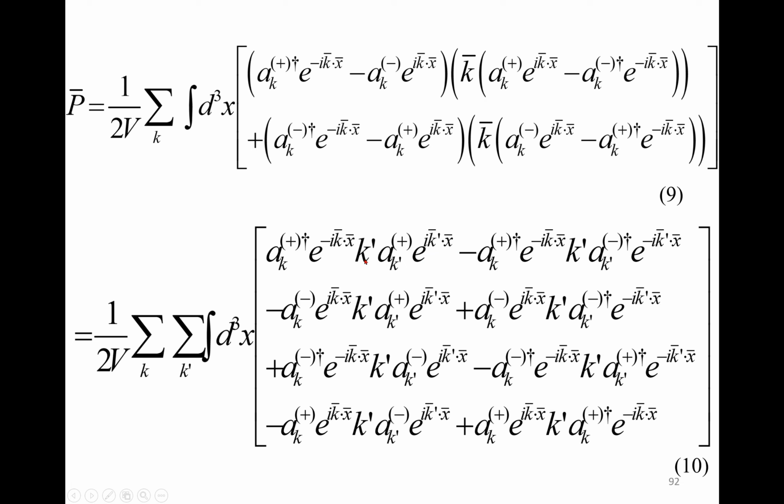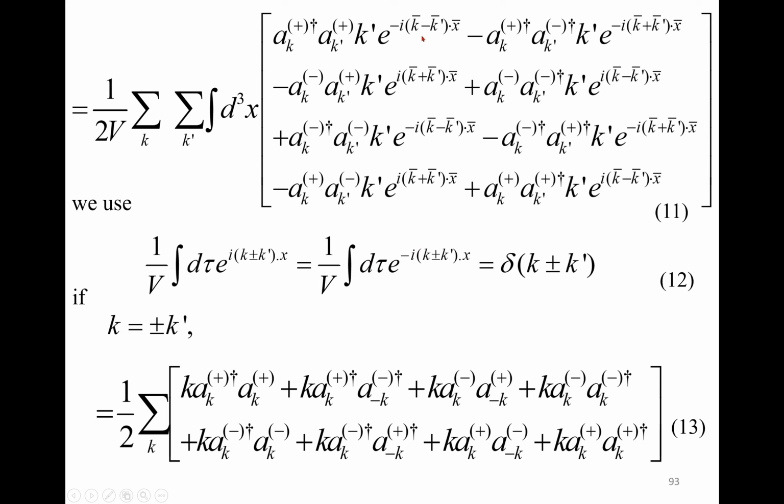We can combine these two and write them in terms of e power i times k minus k prime. So equation 10 can be written in terms of the exponential together. So we have a_k plus dagger a_k prime plus k prime e power minus i, having pulled minus i out, k minus k prime x, and similarly the other terms also can be written. So combining the exponential terms, we can write the equation as exactly equation 11.